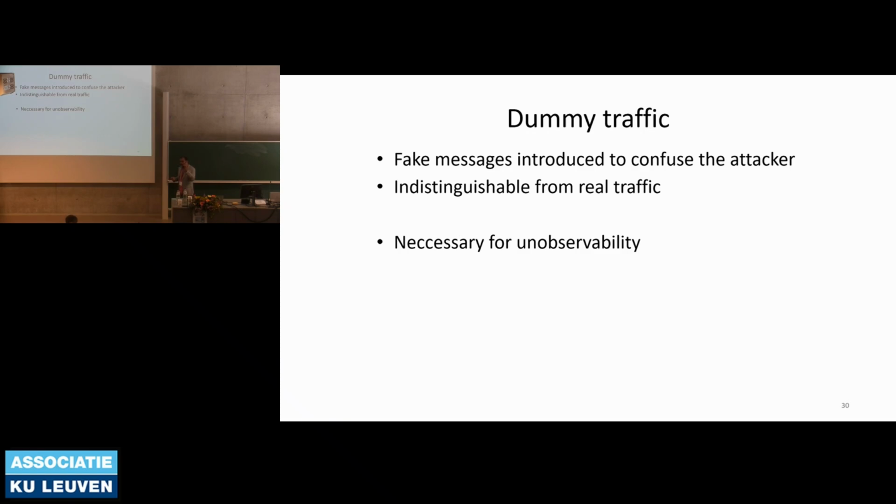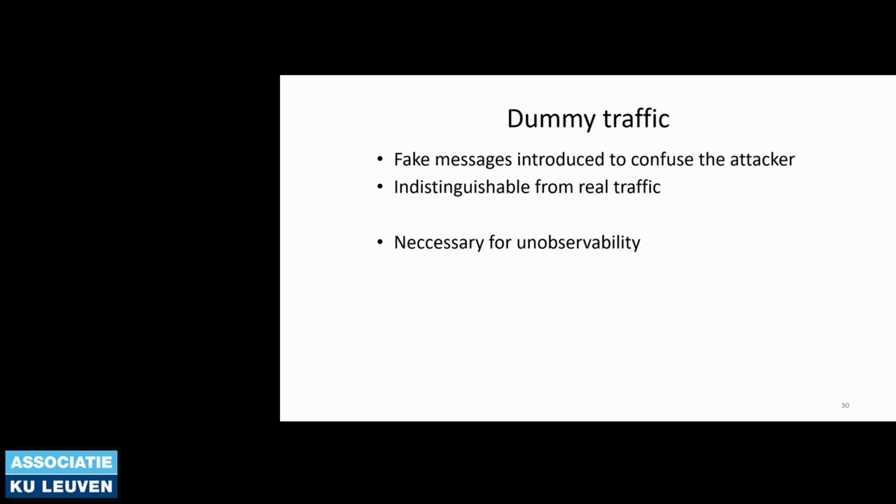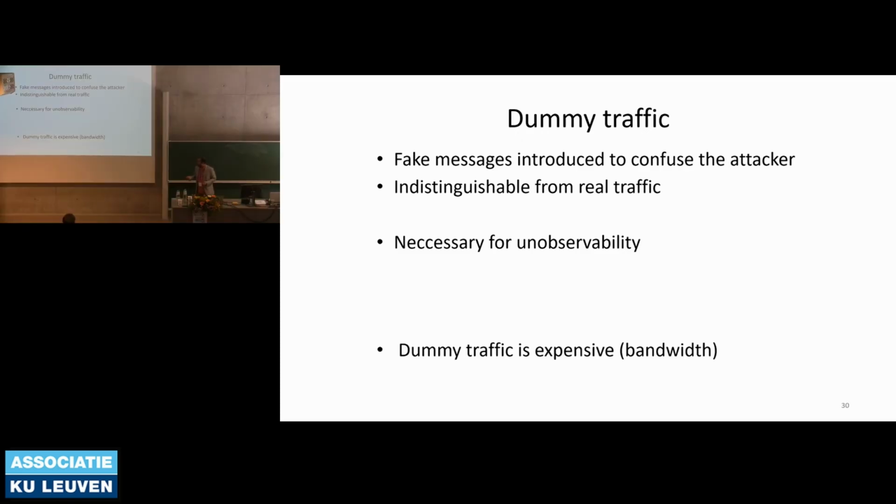But typically dummy traffic is also important for unobservability, which I mentioned a few minutes back, that people don't want others to know whether you are using the system or not. If you want to achieve that, then you have to have dummy traffic. And of course, if you are adding dummy traffic, that means you are sending more packets, adding bandwidth overhead, with the possibility to increase anonymity.